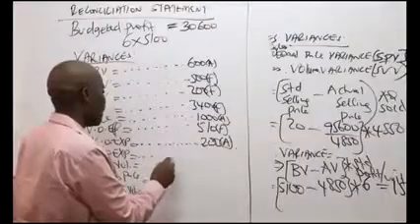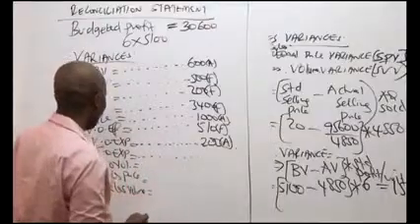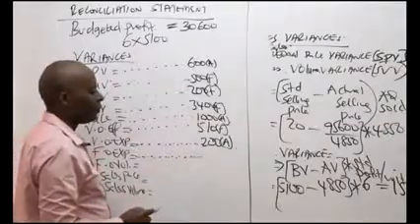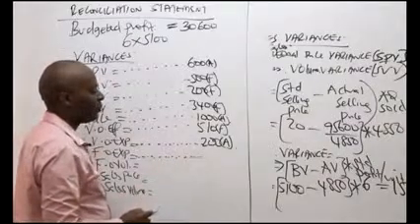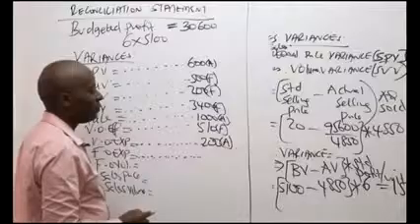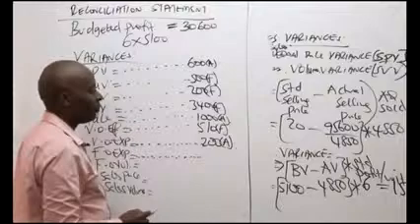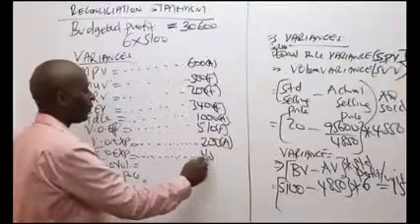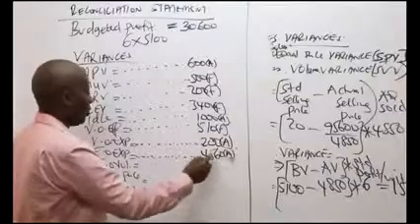So fixed overhead expenditure: 4560 adverse. Thank you.